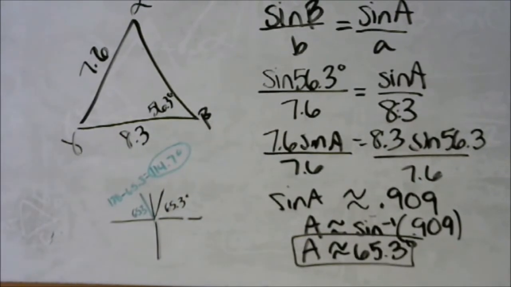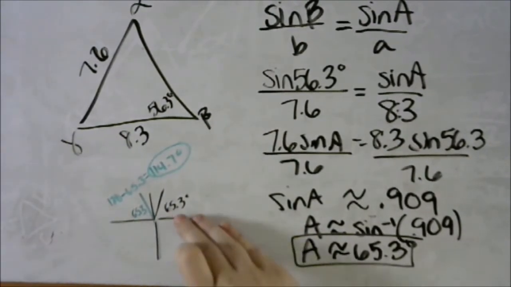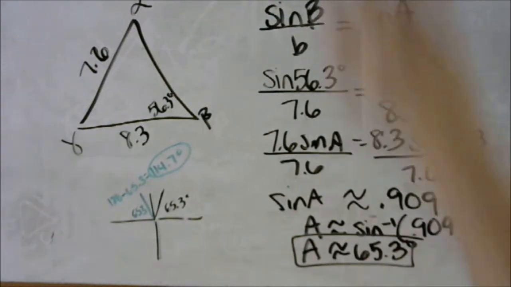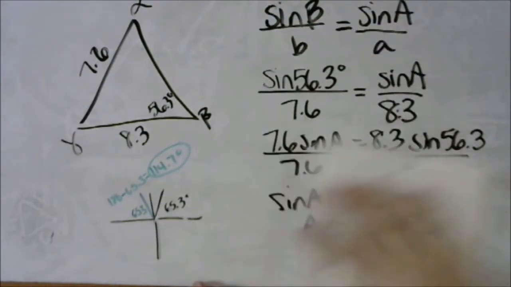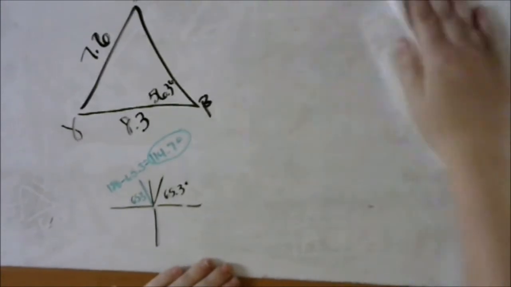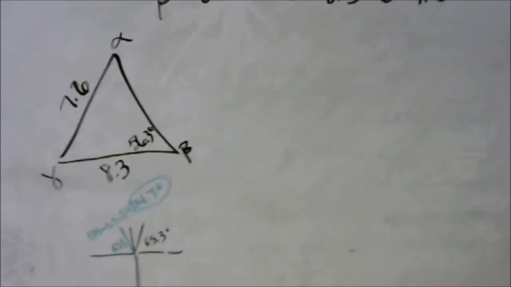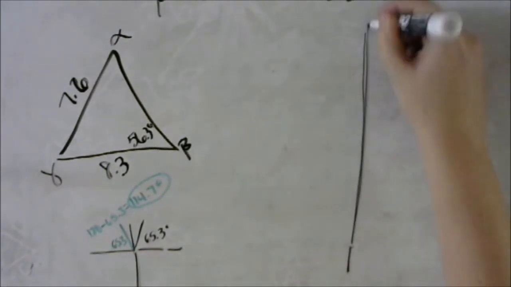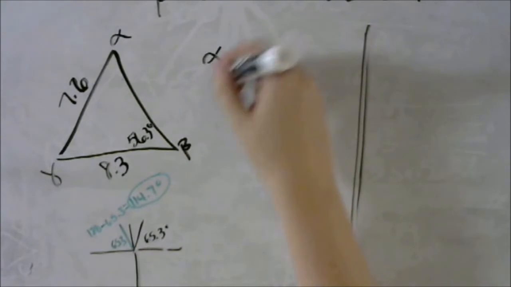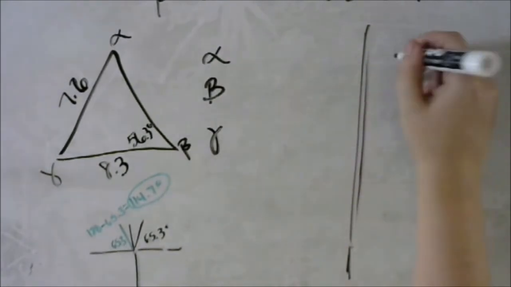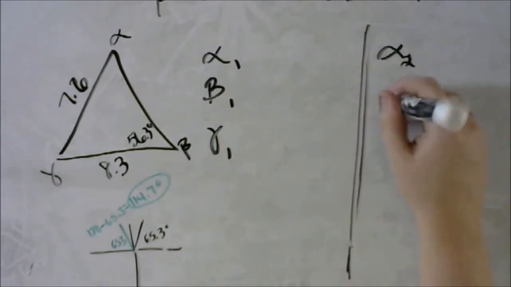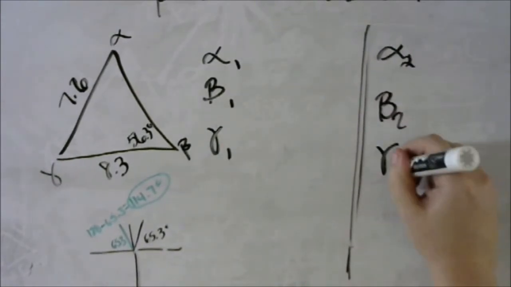So we have to pay attention to the ambiguous case if it's possible for both of these answers to form a triangle following the 180 degree angle sum rule. I'm going to go ahead and erase this work here. And we're going to start setting up our answer to represent the idea that there are two potential solutions. And so I have my first solution for alpha, beta, gamma, and I have my second solution for alpha, beta, and gamma.